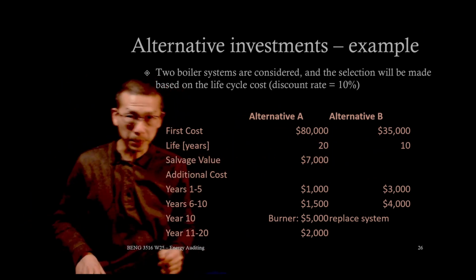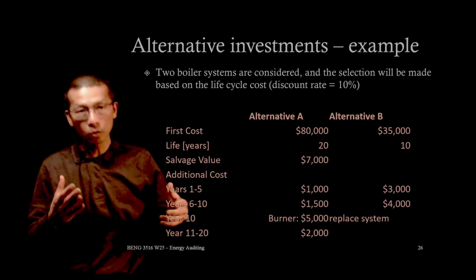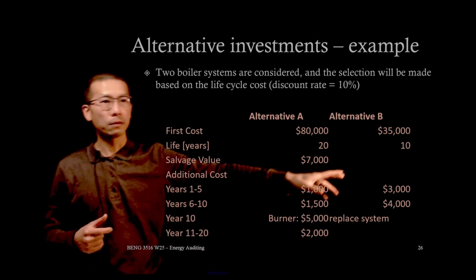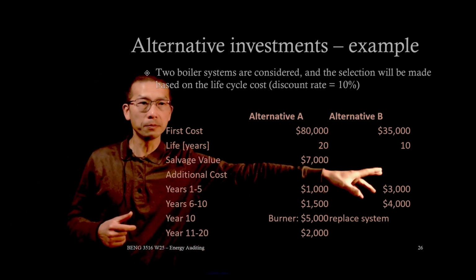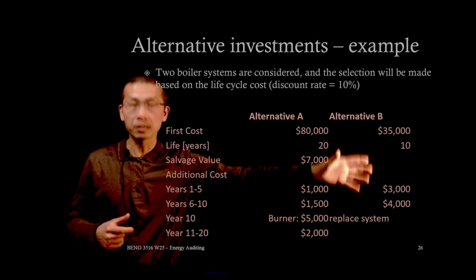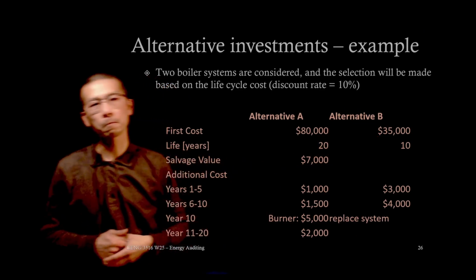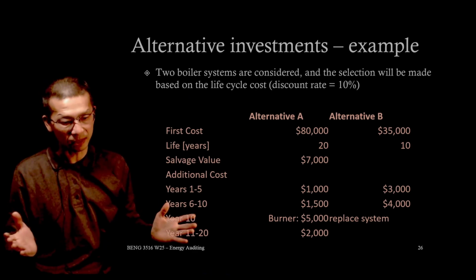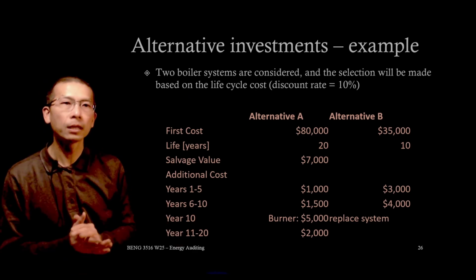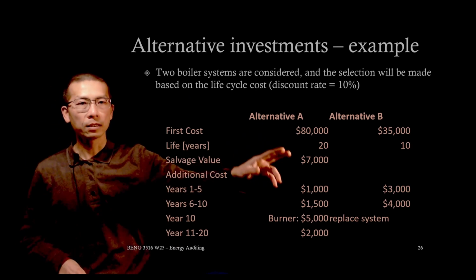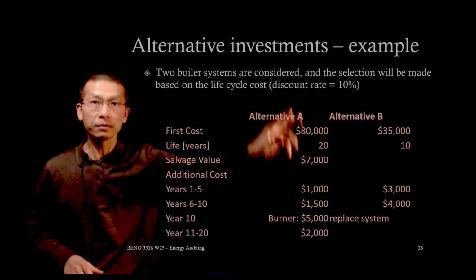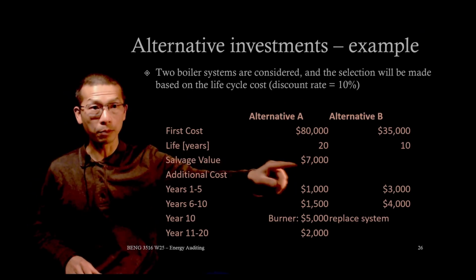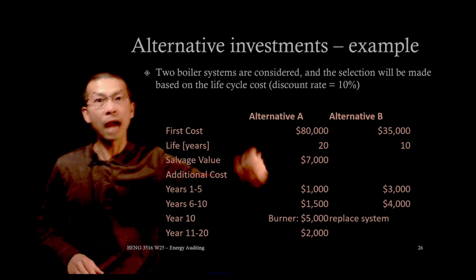So if you choose system B, then after 10 years the system will be replaced, and this is the cost. At the end of its life, system A also has a value, which is positive, after 20 years.